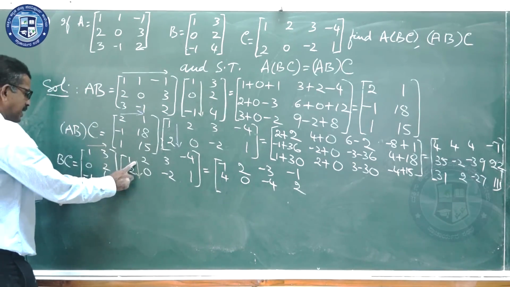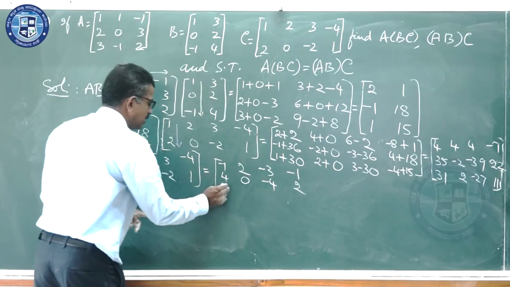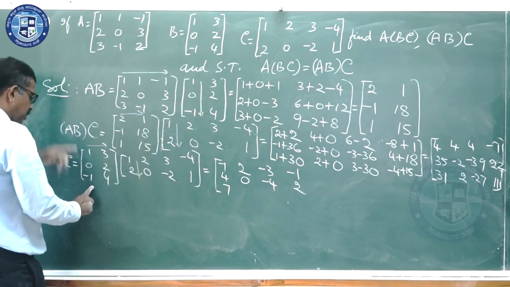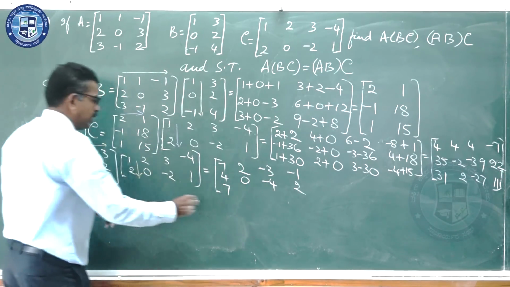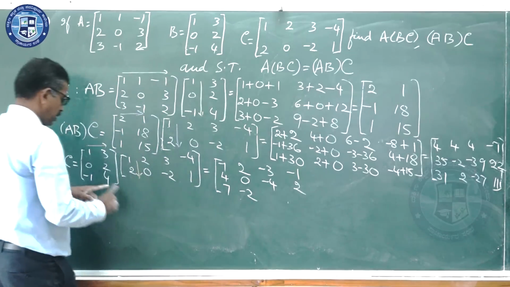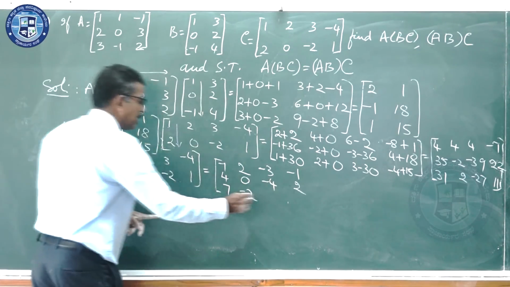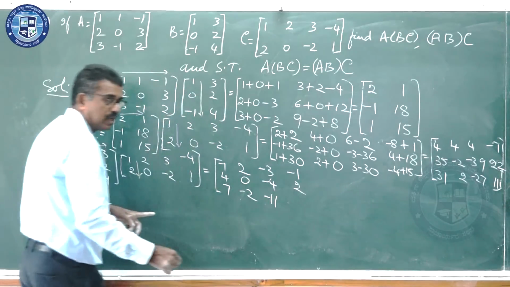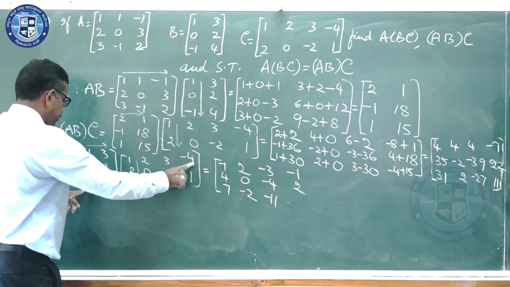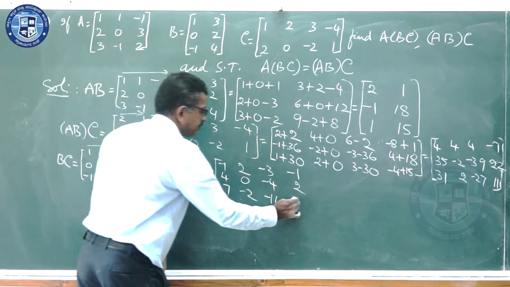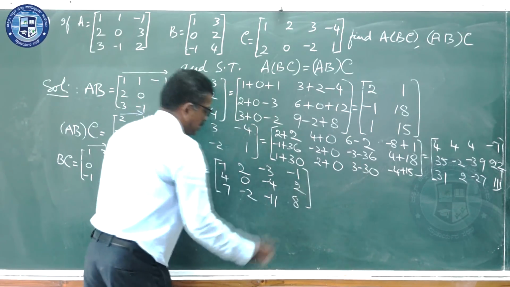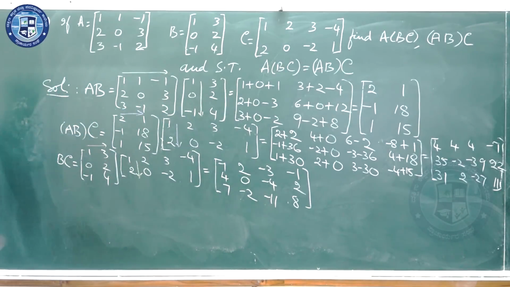Next, here minus 1 plus 8, it is 7. Next we have here minus 2 plus 0, it is minus 2. Next we have here minus 3 minus 8, minus 11. Last one is plus 4, 8. That will be B into C.